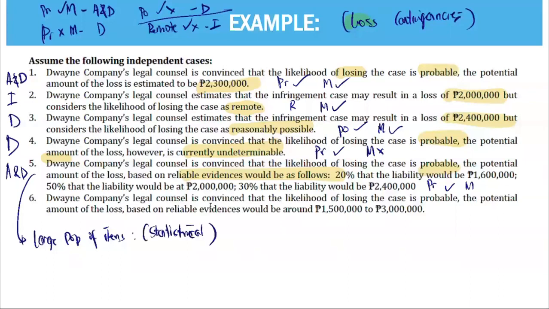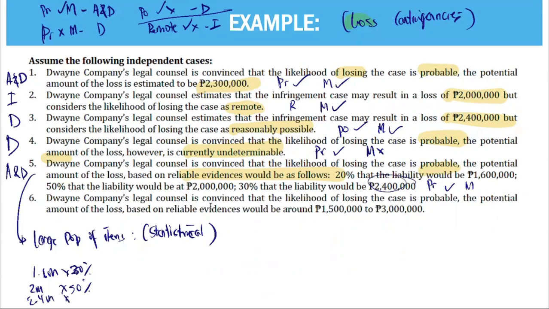So first, we have here 1.6 million multiplied by 20%, and then 2 million times 50%, and then we have here 30% for 2.4 million.